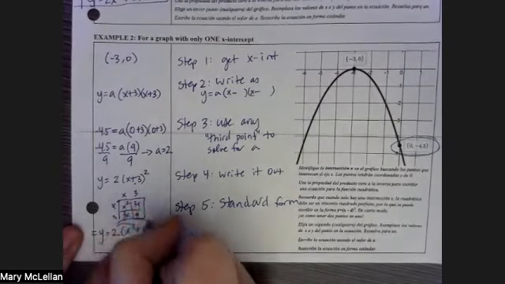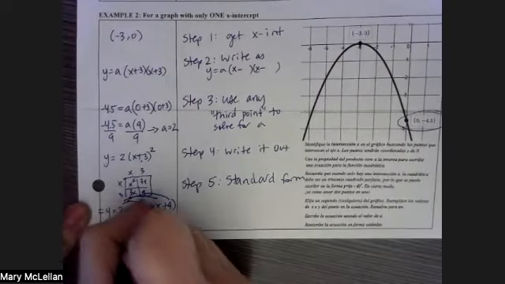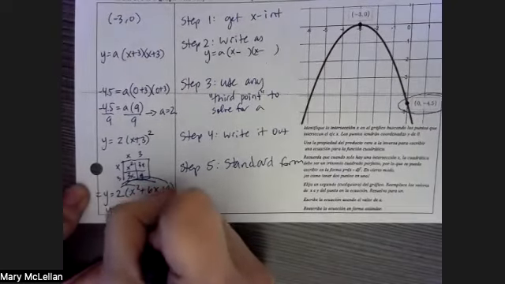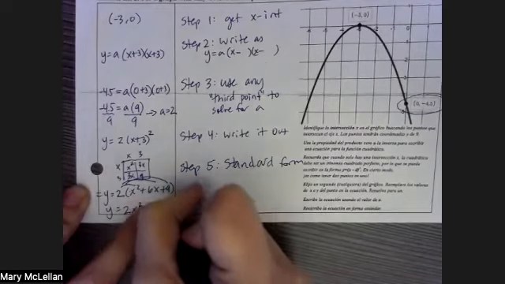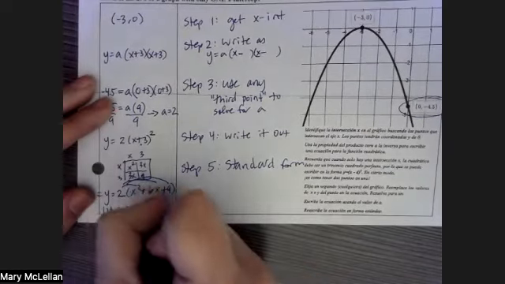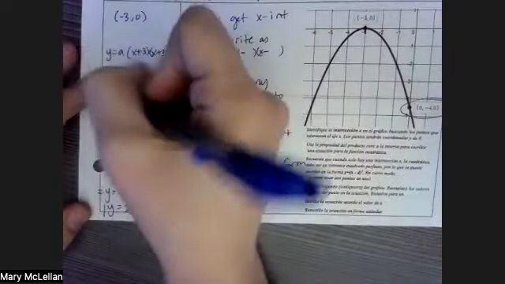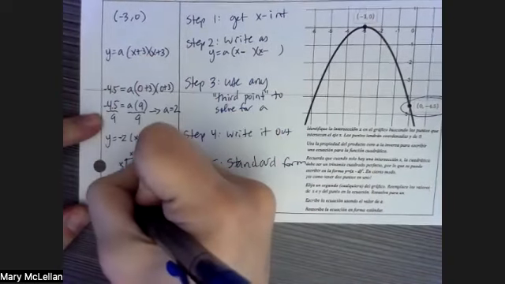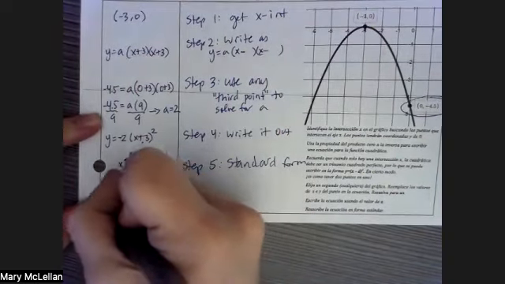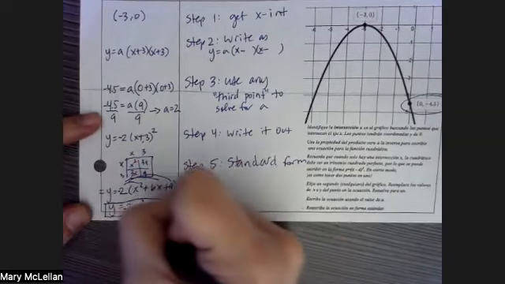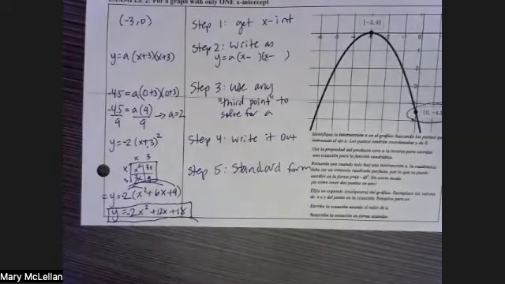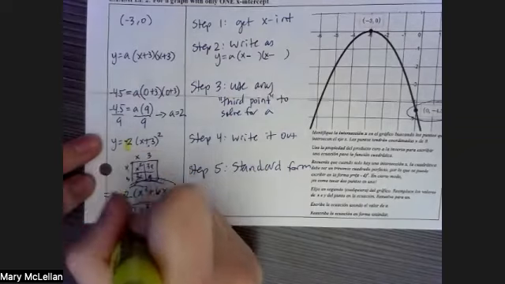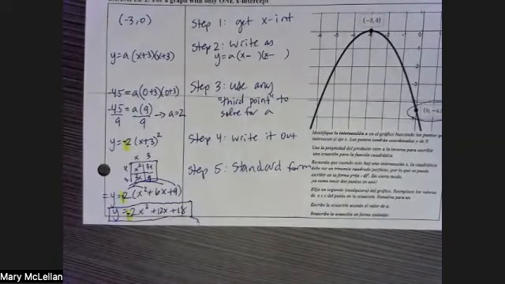I multiply the 2 to each term, and I get y equals 2x squared plus 12x plus 18. Oh, sorry, negative. This should have been negative 2. That should have been a negative 2 here, here, and here. My mistake.